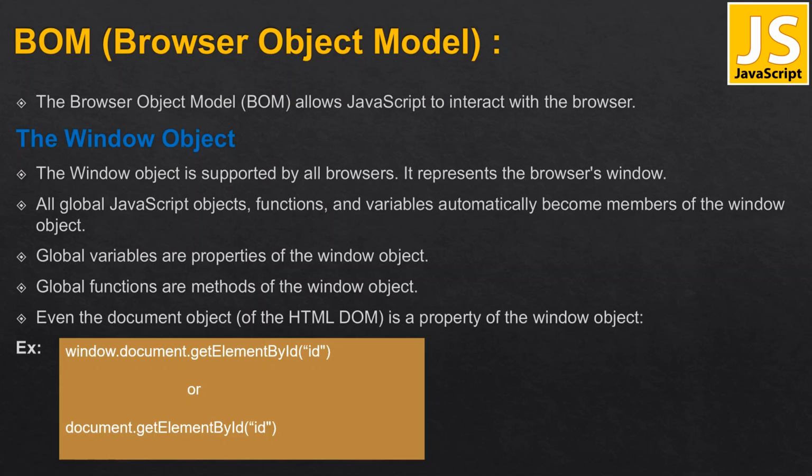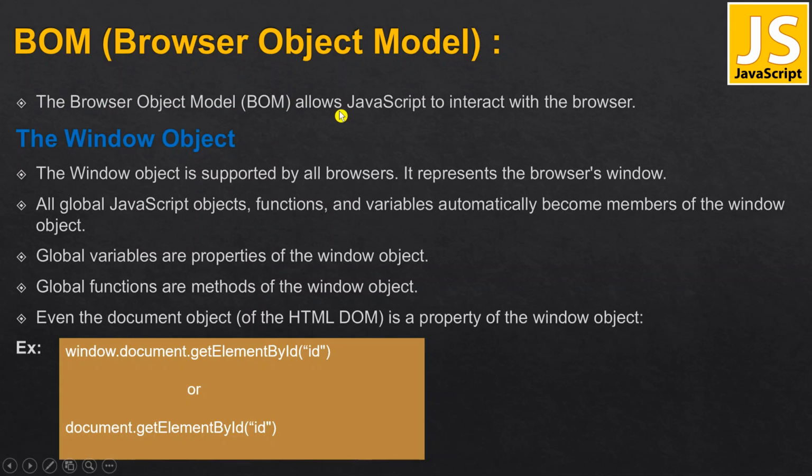And when coming to the browser object model, it refers to the browser which we are using. That browser itself will be treated as an object, friends. So let us read some theory.